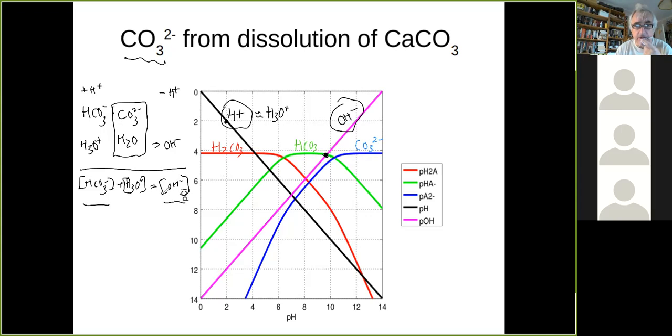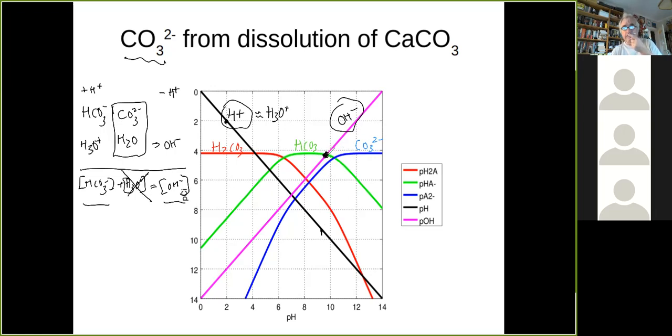This is not bad, 2 out of 3. But what about the hydrogen ions? That's the black line here. At that pH, it's something like 5 units below on a logarithmic scale. So then we can delete that one.